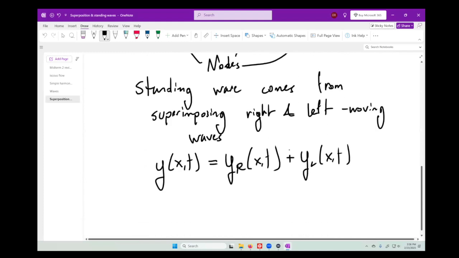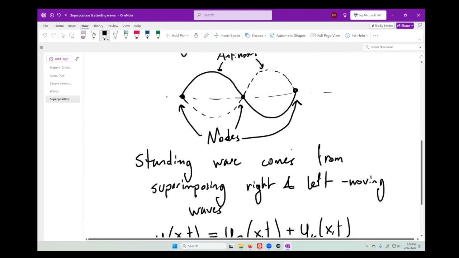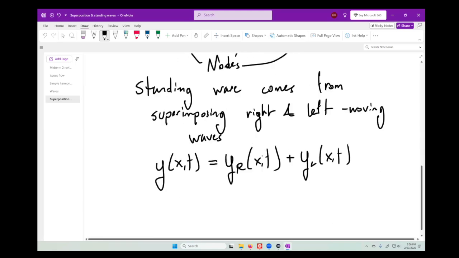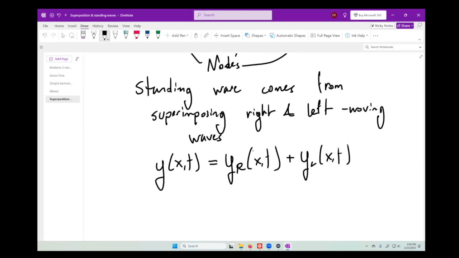Or would the wavelength be from the individual waves, or the sum of it? It's both. We add two waves with the same wavelength, and we get a standing wave with the same wavelength. Oh, okay. I see. Thank you.